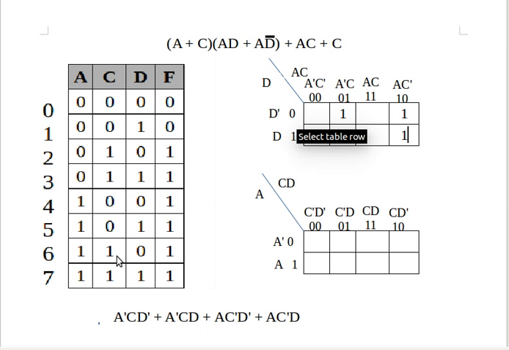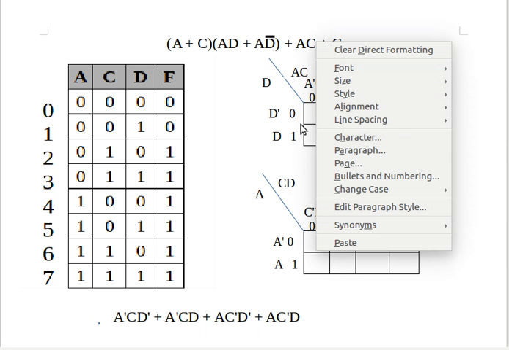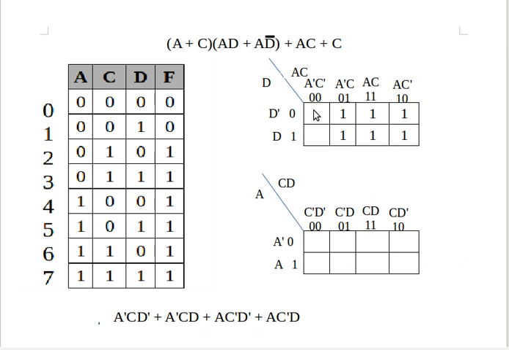And now let's see 6 and 7. 6 is A C D prime, and now I have A C D. We've got this, those will be zeros, and you can see how I have 6 ones also, same as the truth table.